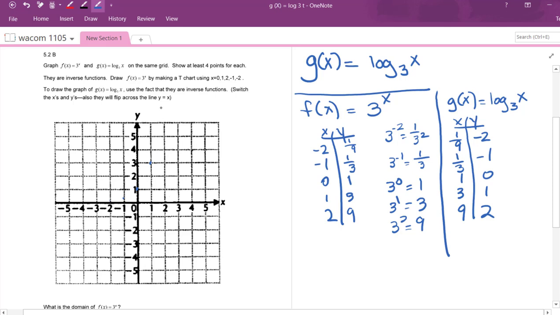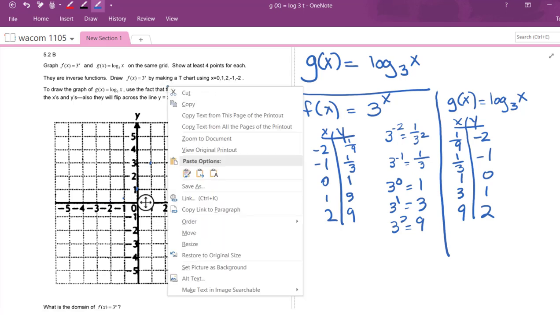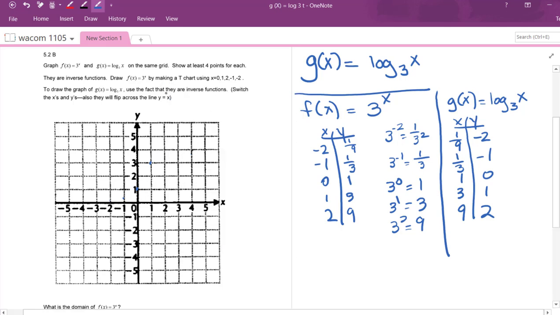And 2, 9. So the exponential looks right. A very steep graph. And remember, it's going to flip across the line y equals x.